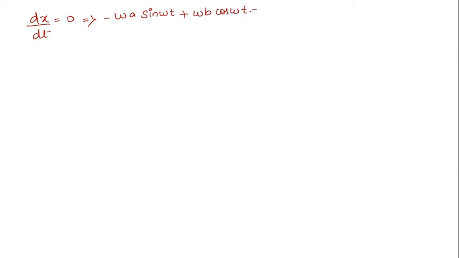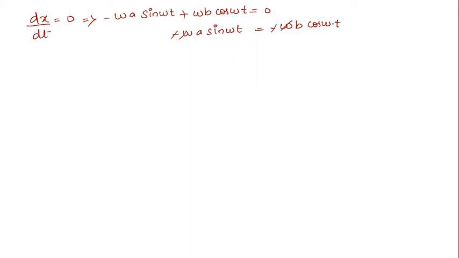We are making that equal to 0. So minus omega a sin omega t is equal to, when this omega b cos omega t goes to the other side, it will be negative, so minus omega b cos omega t. Omega and the negative will get cancelled. Finally, we will have a and b.